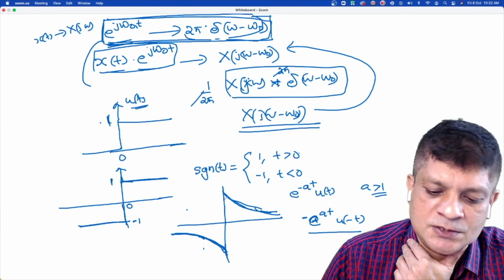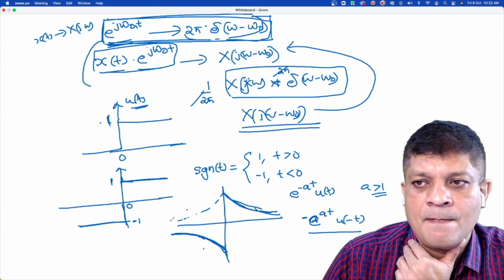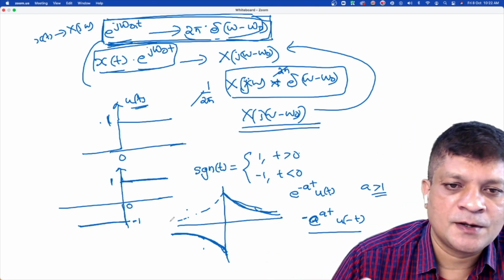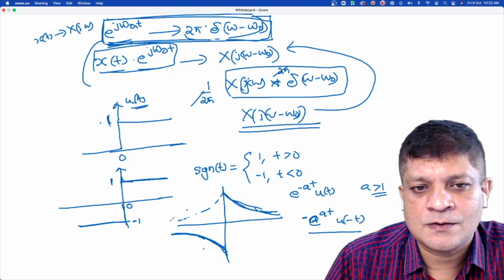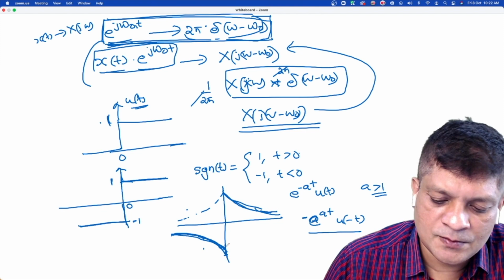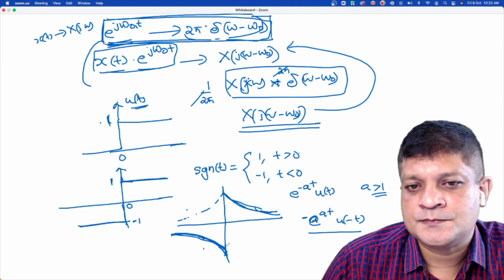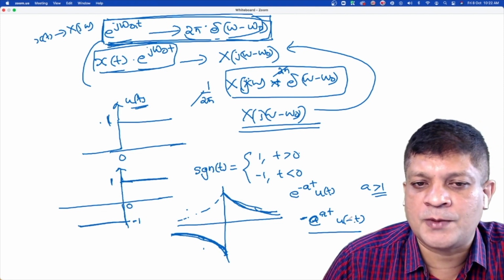When you flip this, will you get a signal like this? What is the flipping operation? Replace t with minus t, is it? Then you multiply it with minus 1, you will get the signal. So this is minus e to the power at into u of minus t.